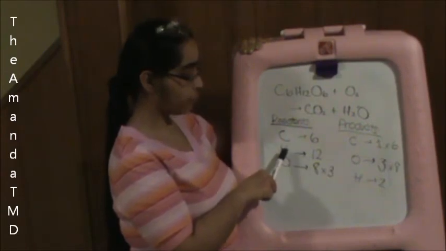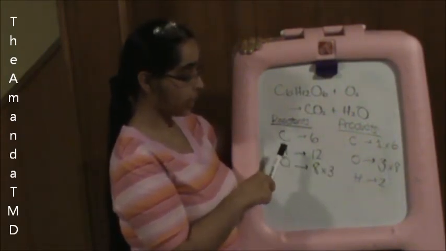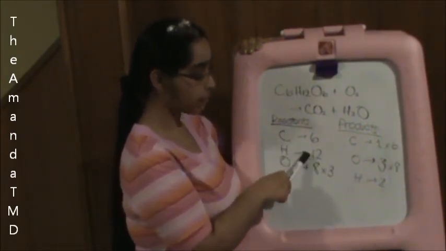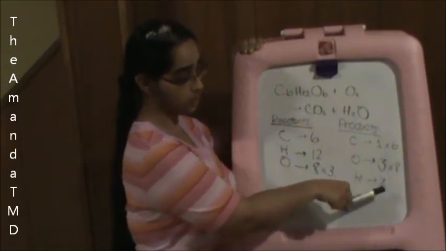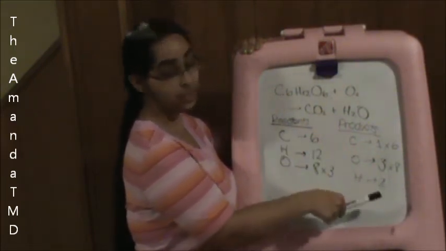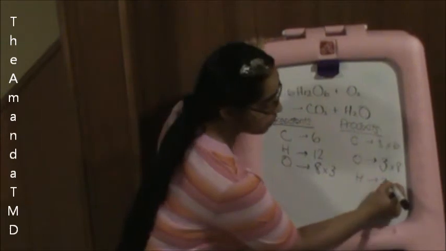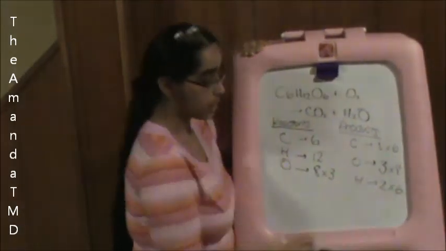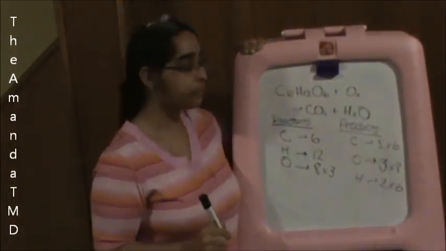Now look at my hydrogens, and I have 6 times as many on my reactant side than on my product side. So I have to multiply this one by 6 to get 12 hydrogens on either side.